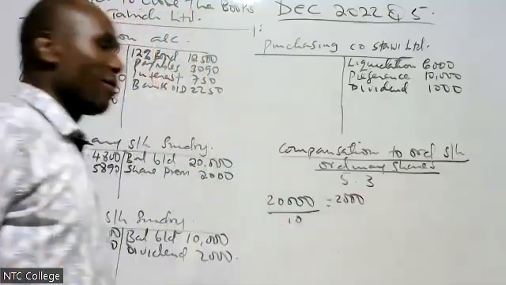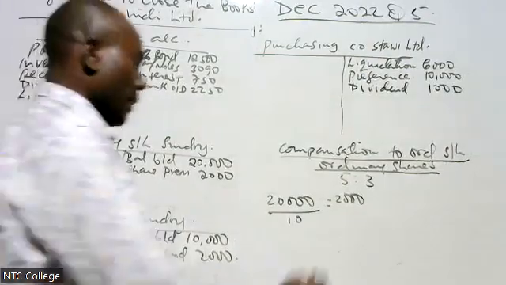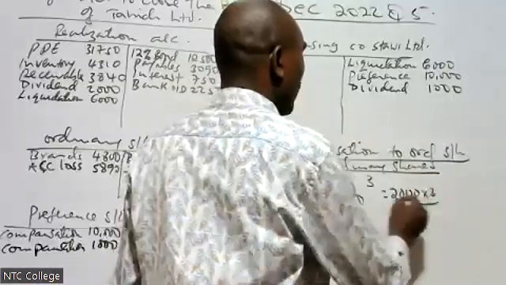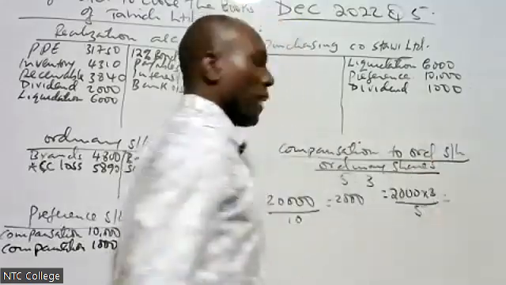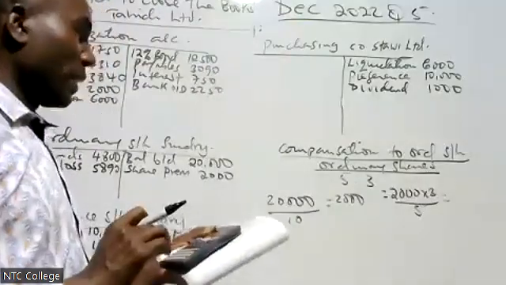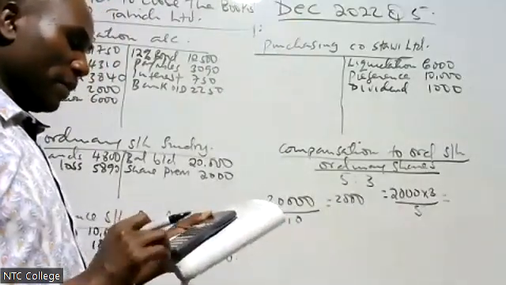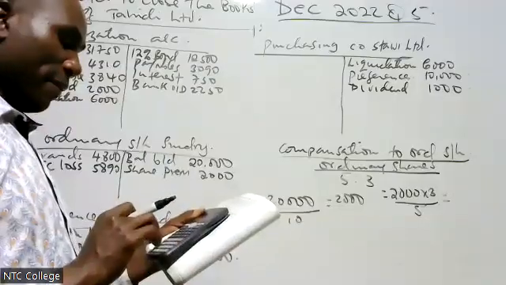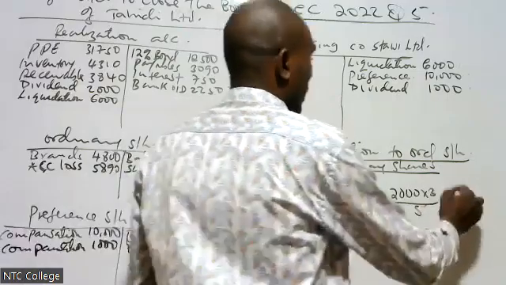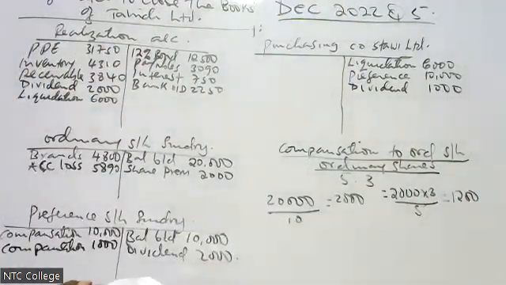If you have 2,000, you will get 2,000 times 3 divided by 5, which is 1,200 shares.